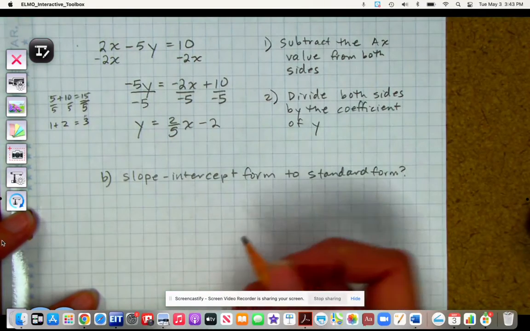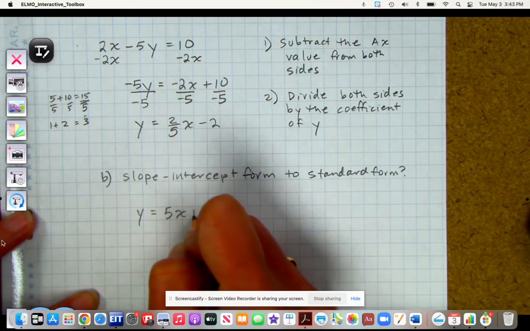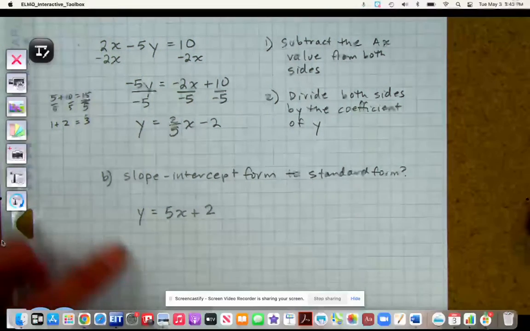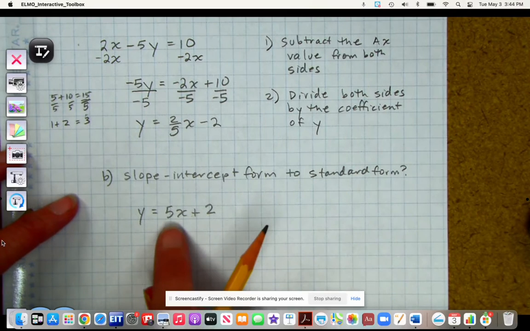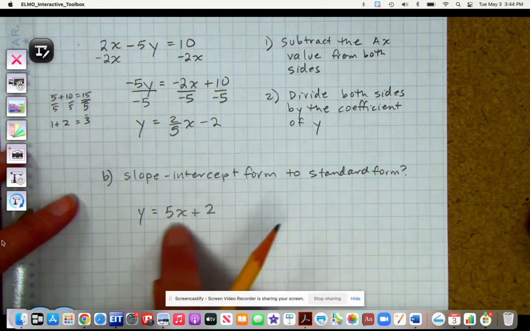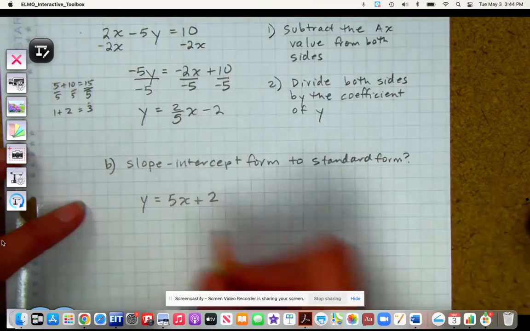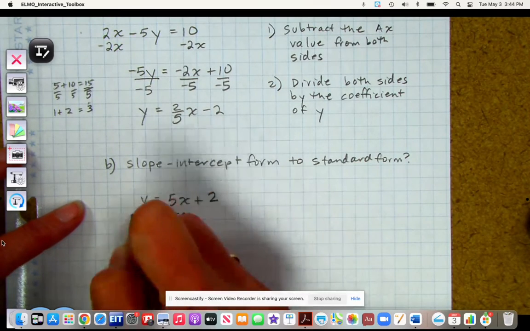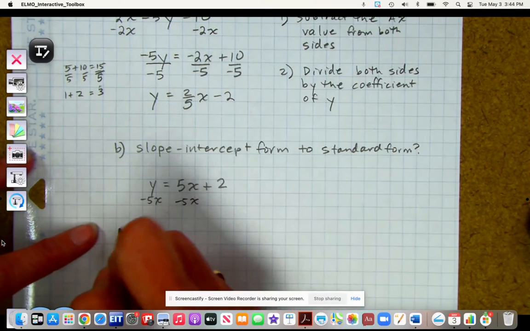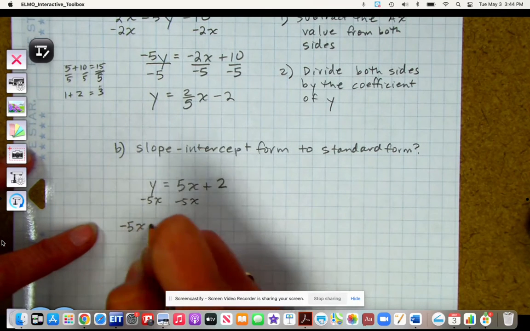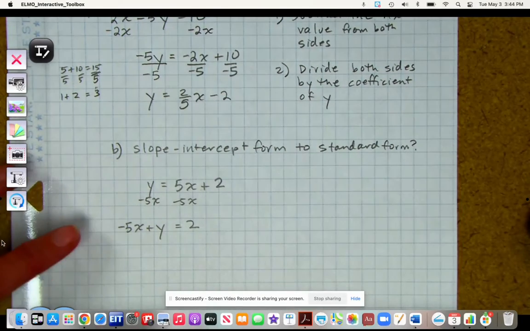Let's say I've got y is equal to 5x plus 2, and I want the x and y to both be on the same side. Okay, this is pretty easy. All I have to do is remove the 5x from this side by removing it on both sides. So I'm just going to subtract 5x from both sides. I can't combine those because they're not like terms. So I'm just going to write negative 5x plus y is equal to 2. So now I have the x and y on the same side.